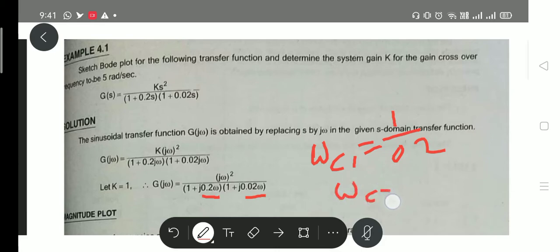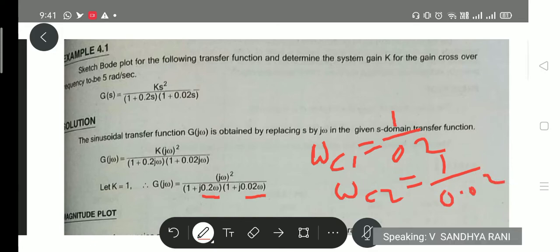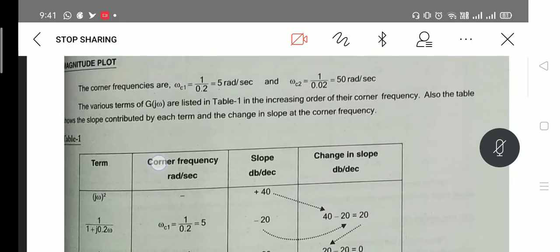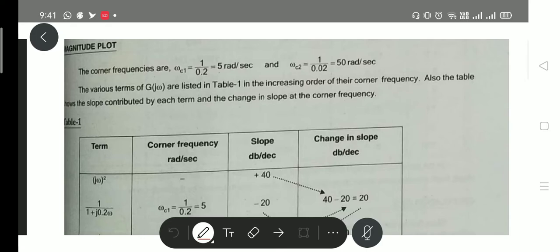Omega c2 is equal to 1 by 0.02. This is the second corner frequency. Omega c1 and omega c2 are both the corner frequencies here. I represent both the corner frequencies omega c1 and omega c2, that is 5 radians per second and 50 radians per second.